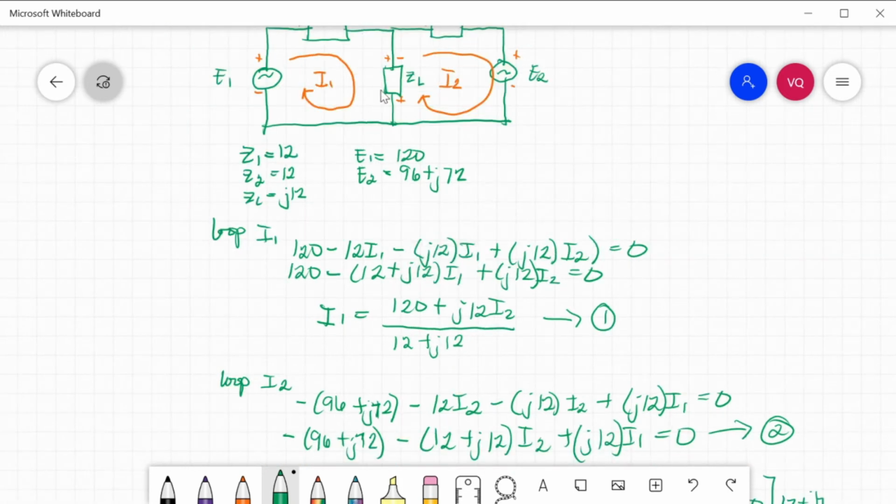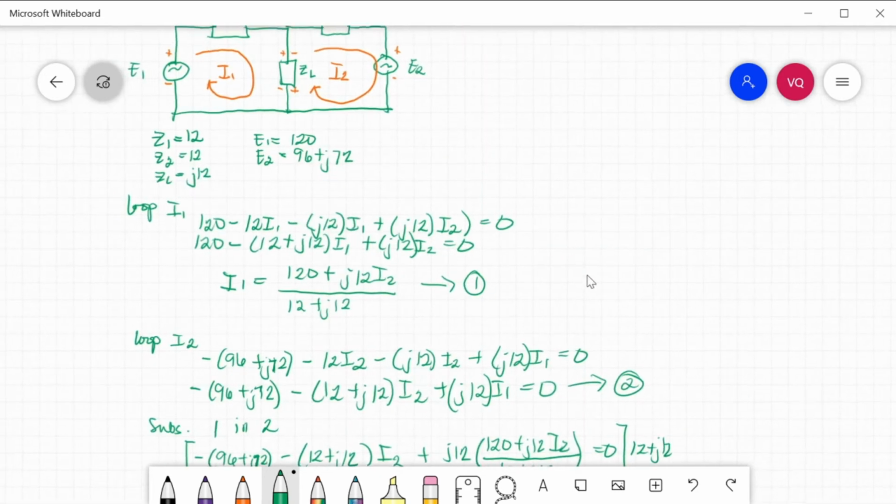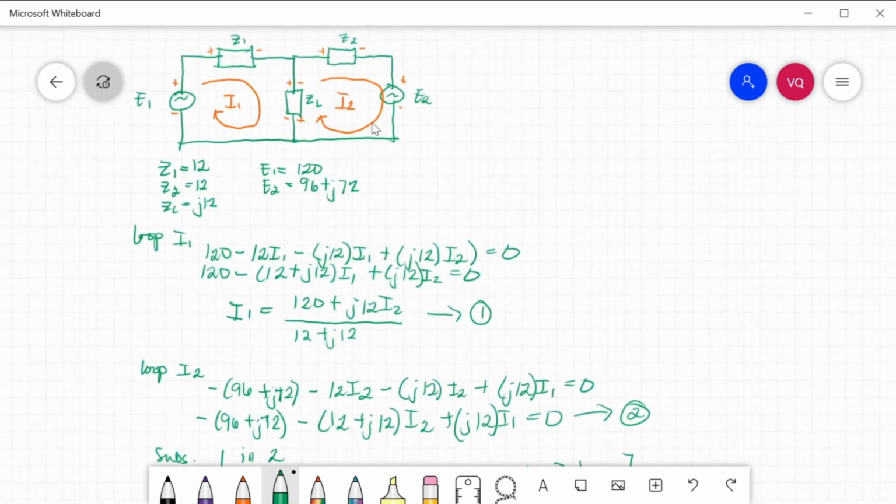For loop I2 naman, our loop enters into the positive sign of our source, so that's why it is negative (96 plus j72). And then at this side, I2 enters into a positive sign, so negative 12 I2.